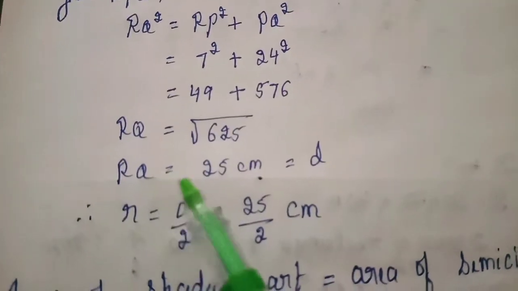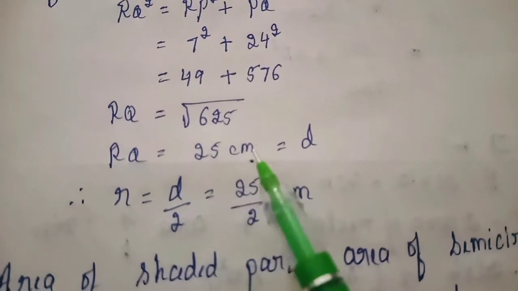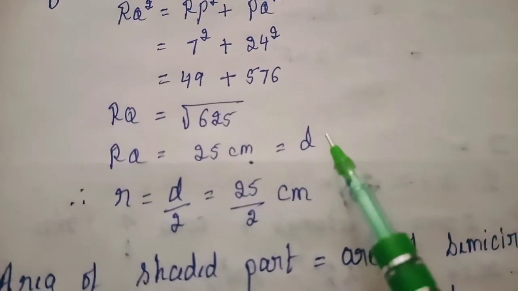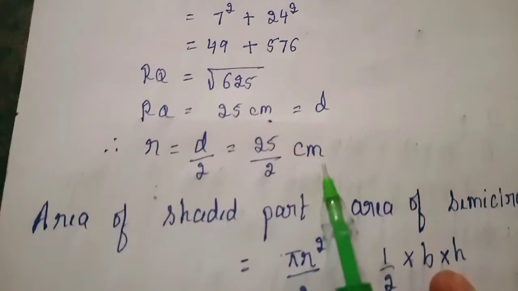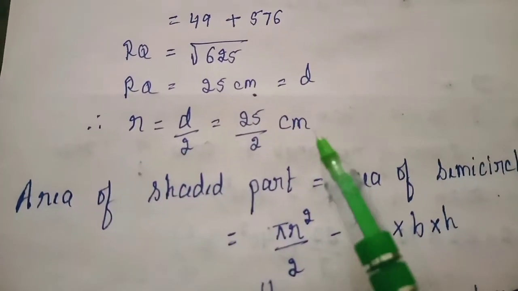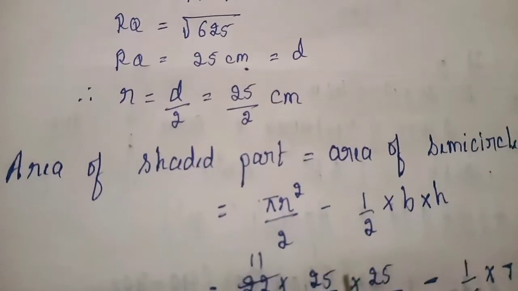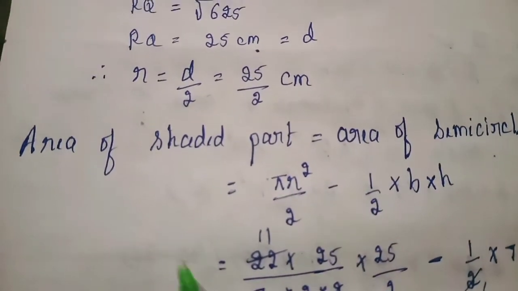So RQ equals square root of 625, that is 25 centimeter. That is the diameter. We got the diameter now, but we need the radius. As you know, the radius is half of the diameter, 25 by 2 centimeter. Don't cancel here, let us see in the further part.